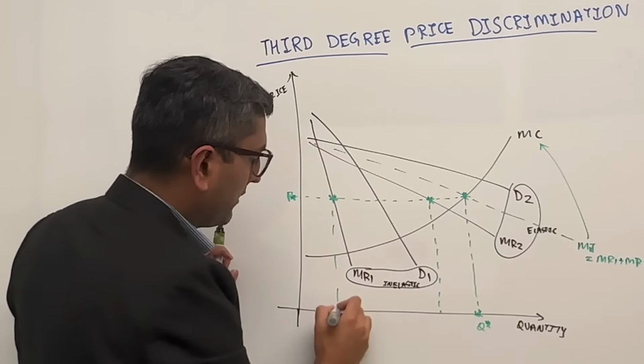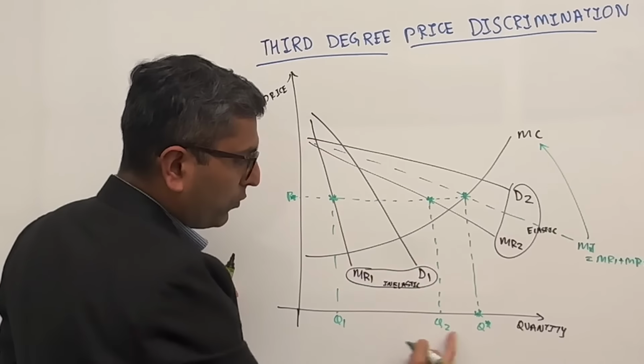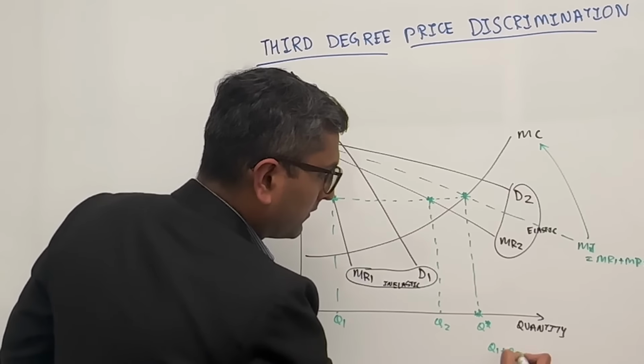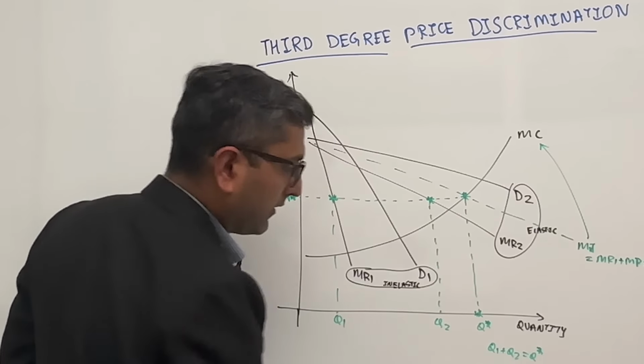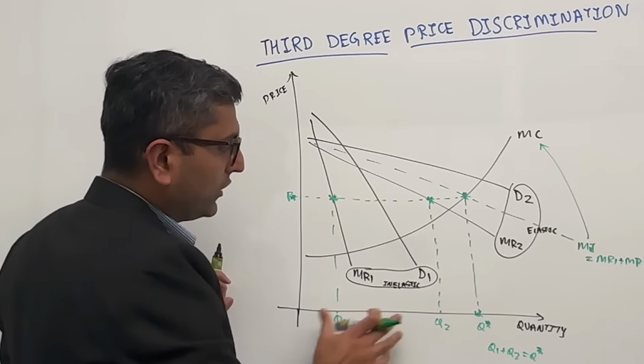Supply that quantity, because what will happen then is Q1 and Q2 would add up to Q star. So add these two quantities that you would supply.